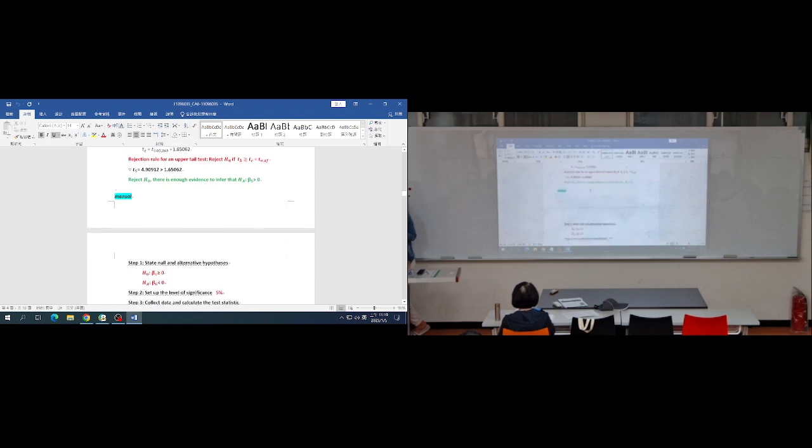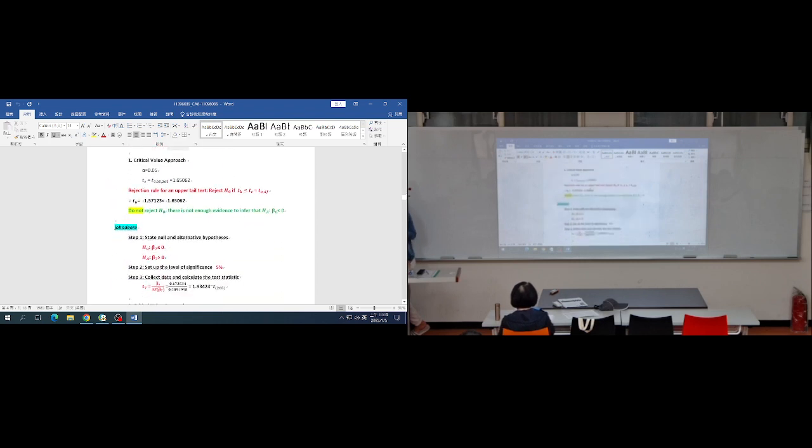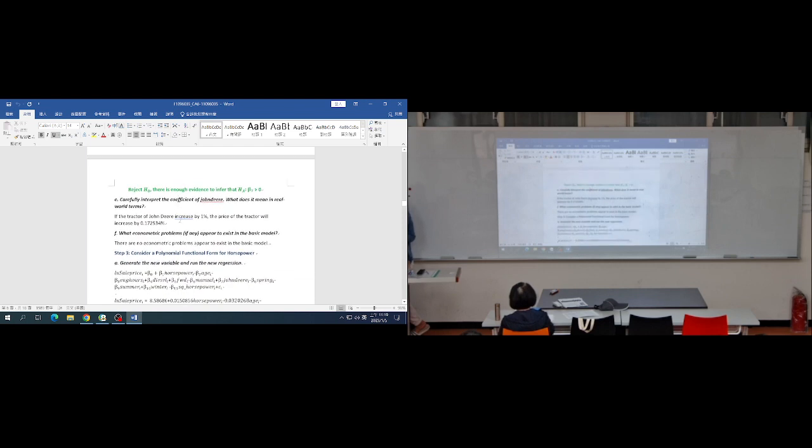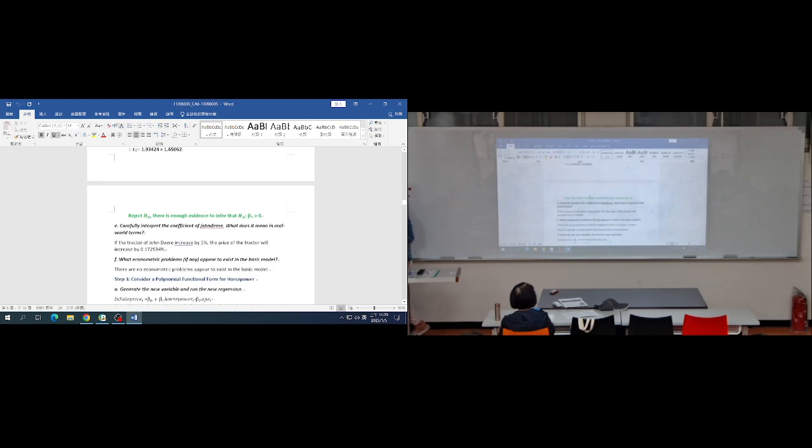If the price increased by 1%, if what? The beta something increased by 1%, it will. What increased by what? I don't hear you.